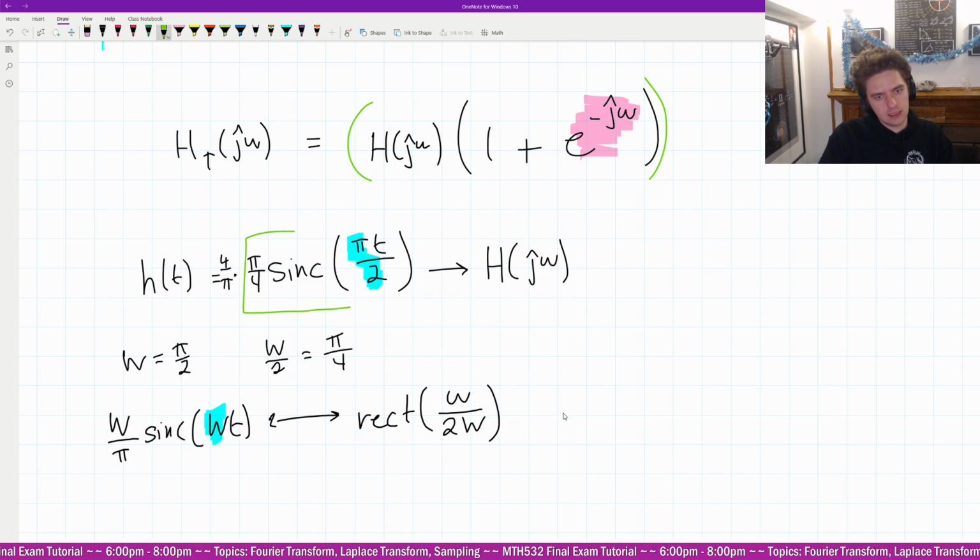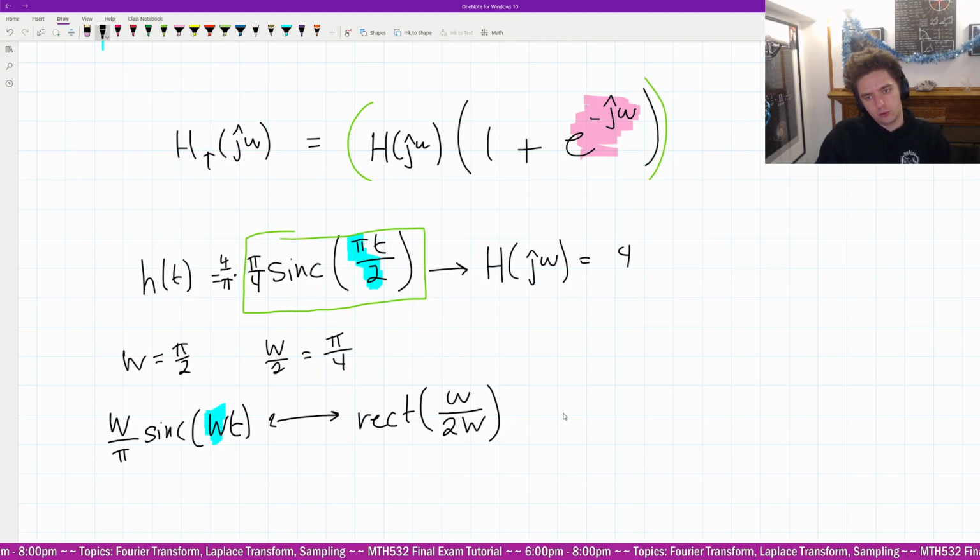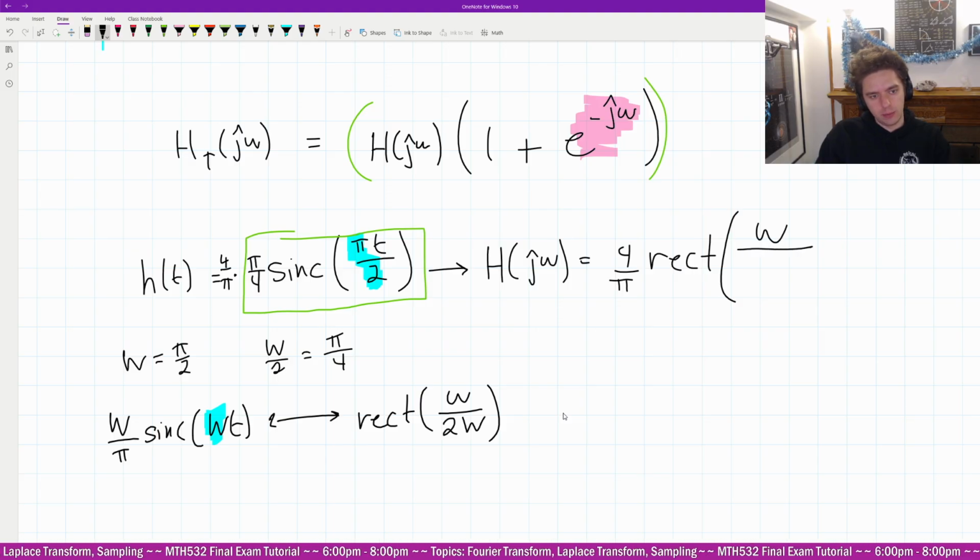So this will turn into 4 over pi times, like what we just said, rect of omega over 2W. What was W? W was pi over 2. So it's going to be 2 times pi over 2, which is just pi. So that's our Fourier transform.